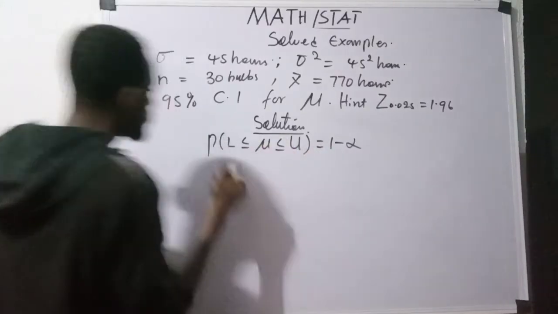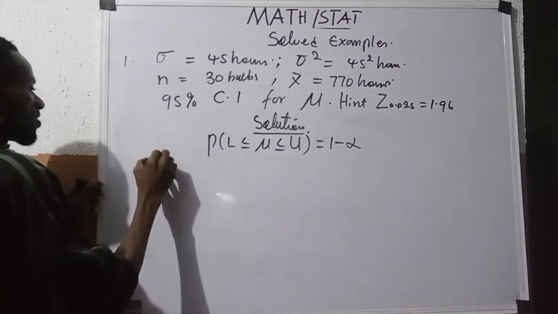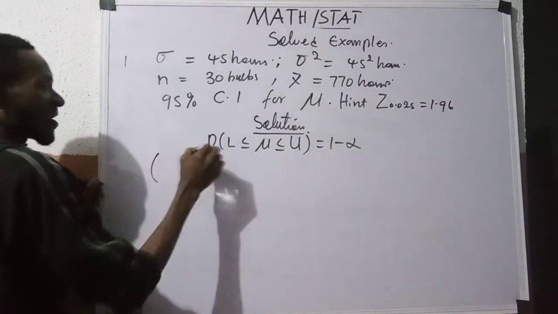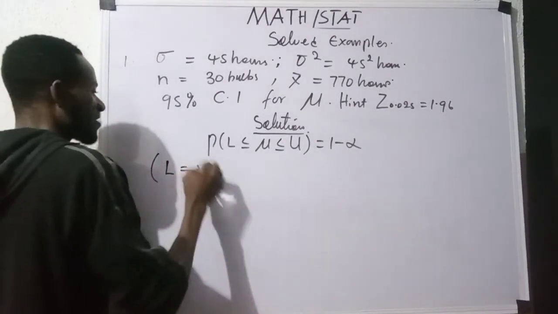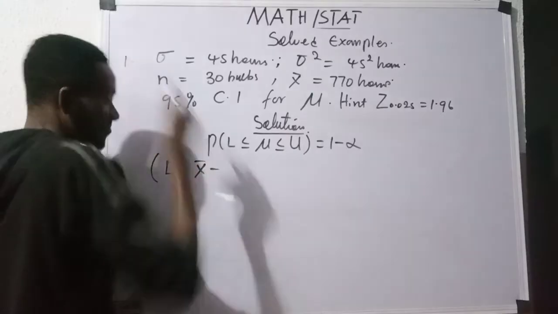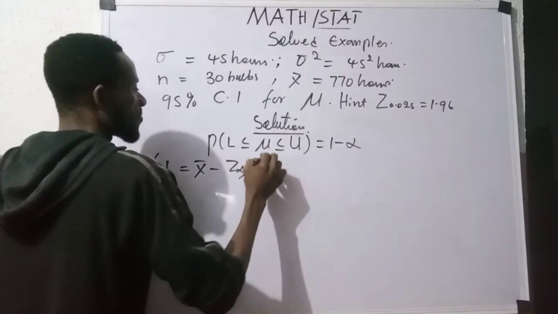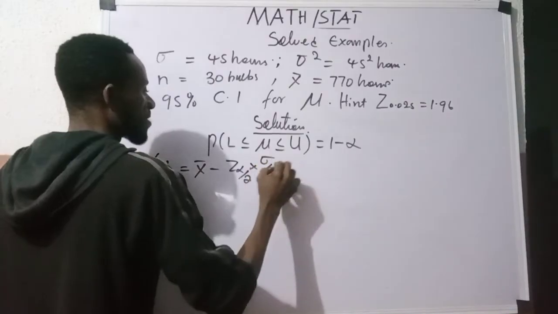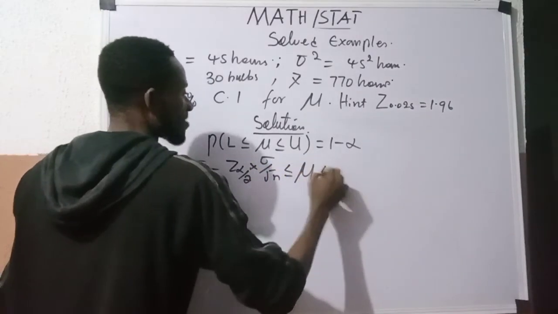So what I'm now going to do is, in that first condition, if you remember, my L is going to be x bar minus z of alpha over 2 multiplied by sigma all over square root of n, less than or equal to mu, less than or equal to.